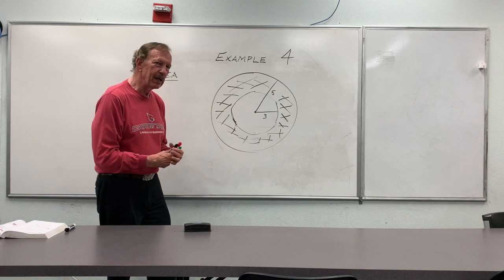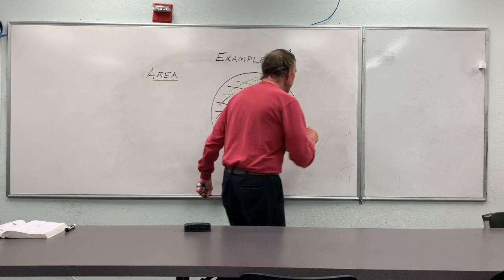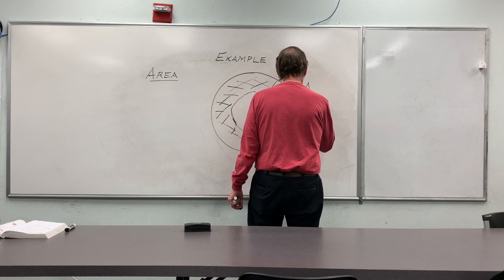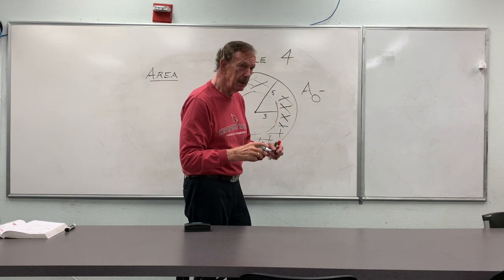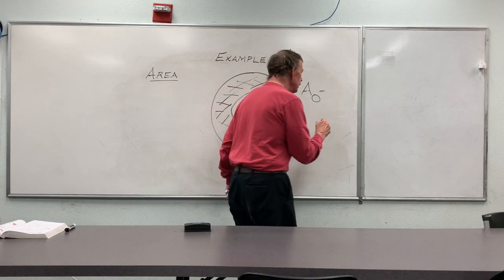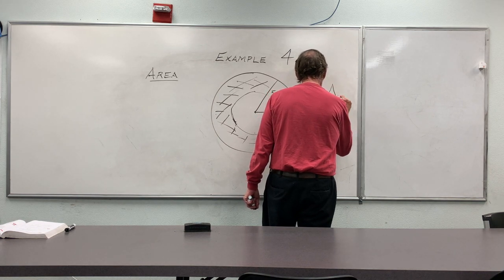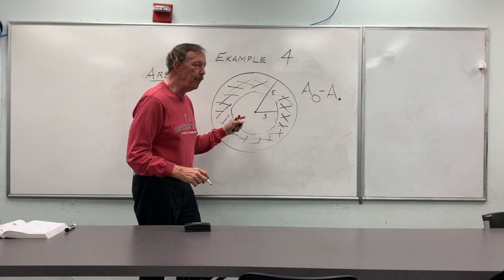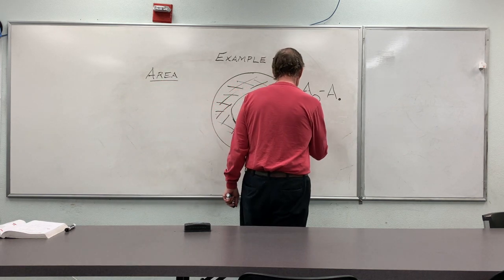To find the area of the annulus, we need the area of the big circle minus the area of the small circle. The area of the big circle will be pi times the radius of 5 squared.